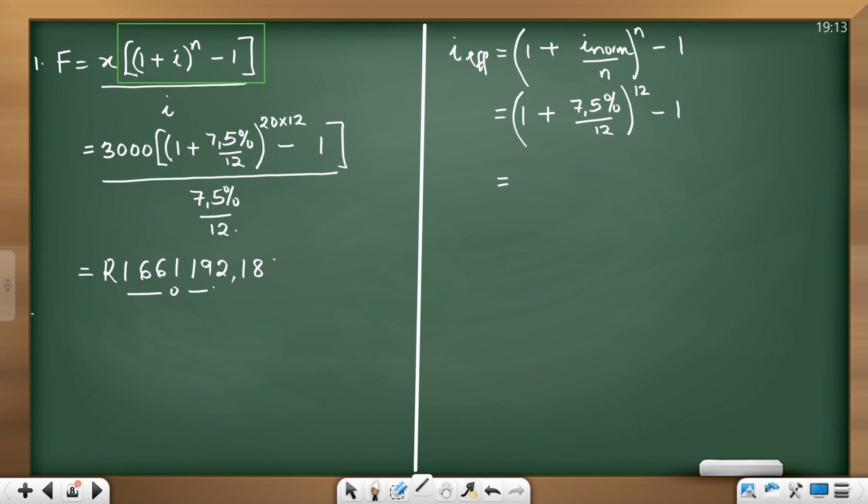While you're writing, I'm just going to put a note here again for you. 2 notes. The interest rate and the frequency of deposit, or payment, must be the same.